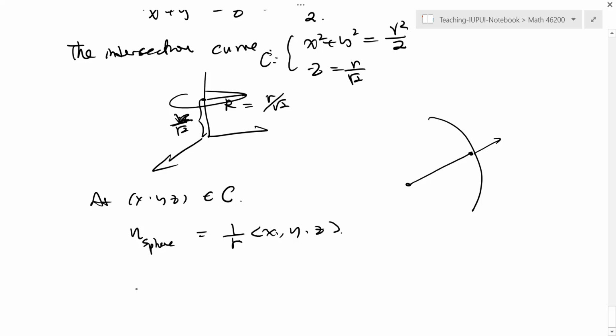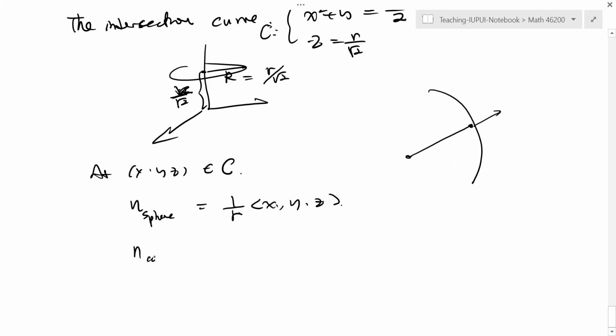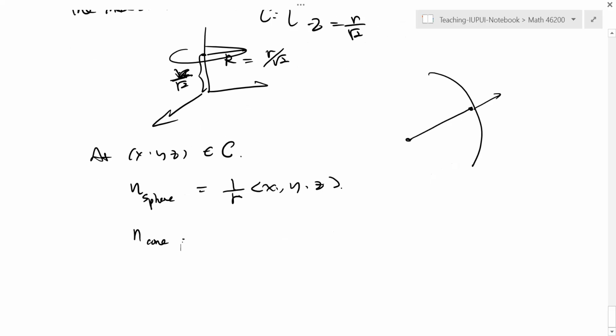The other one is a cone, actually. So the function, how do I look at this cone? The normal vector of the cone should be the gradient of g, and then normalize, if you want to.